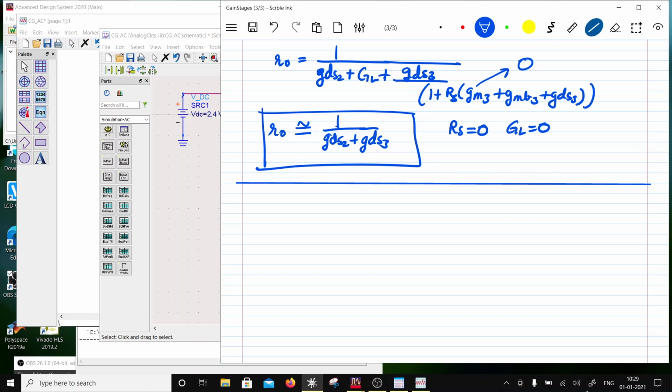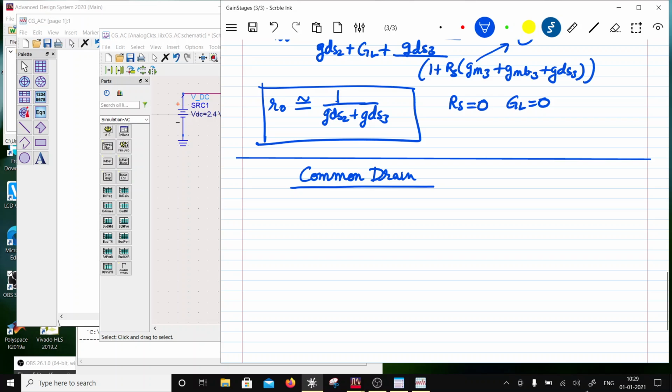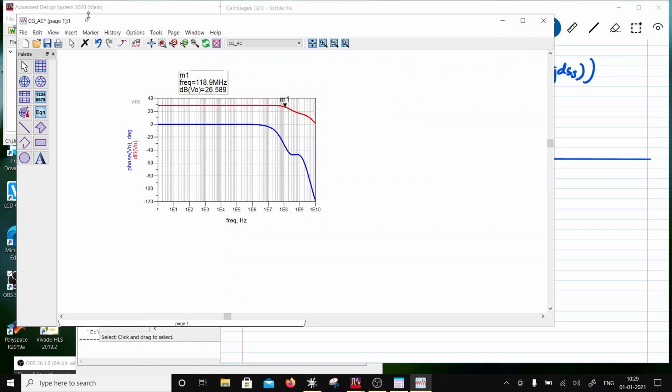Okay, so now let's look at the common drain amplifier. Perhaps this is the only amplifier which has a very high input voltage range.